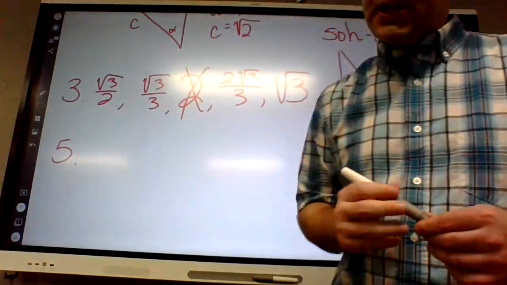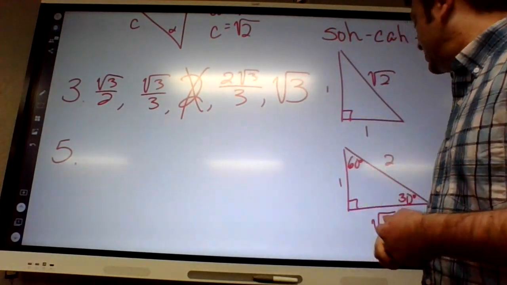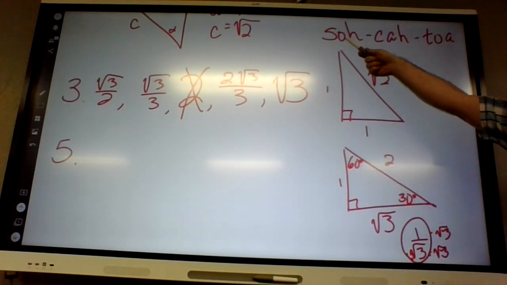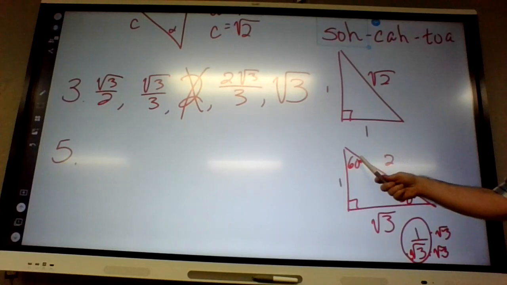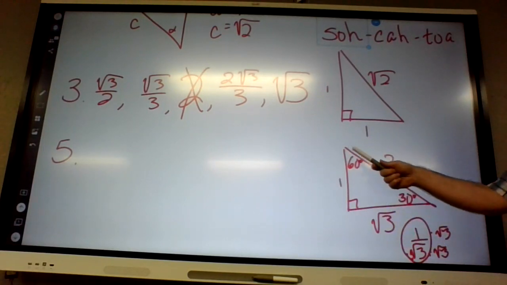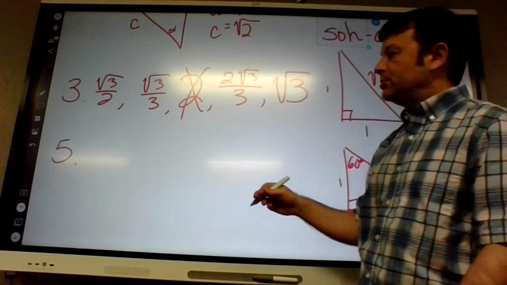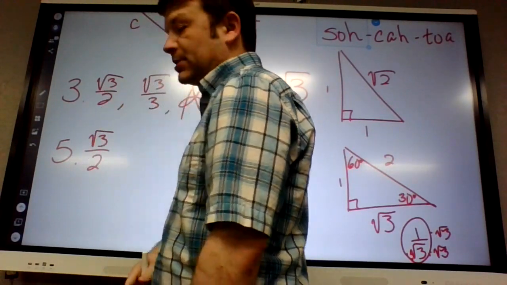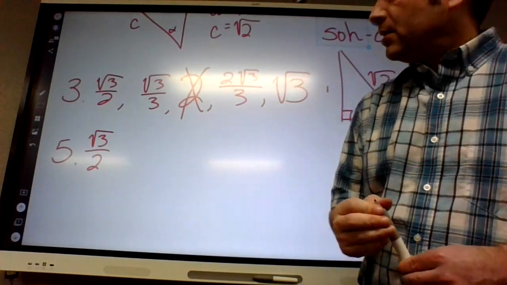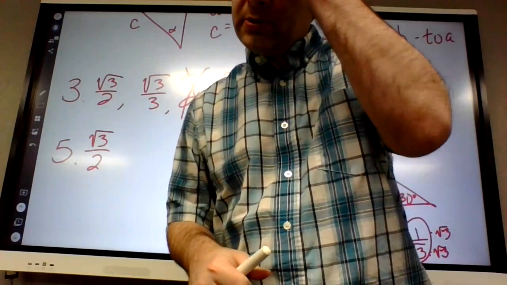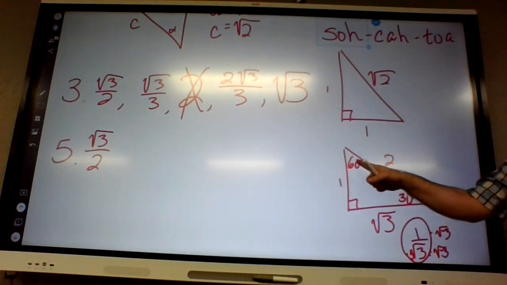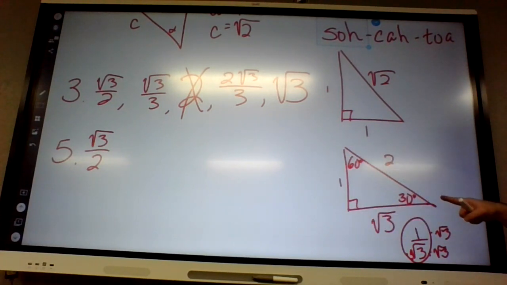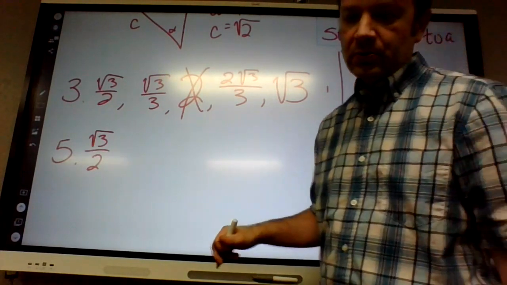So on 5, we're doing the same thing with 60 degrees. So sine of 60 is opposite over hypotenuse, so it's square root of 3 over 2. Same thing as cosine of 30. And then cosine of 60 is adjacent over hypotenuse, 1/2.